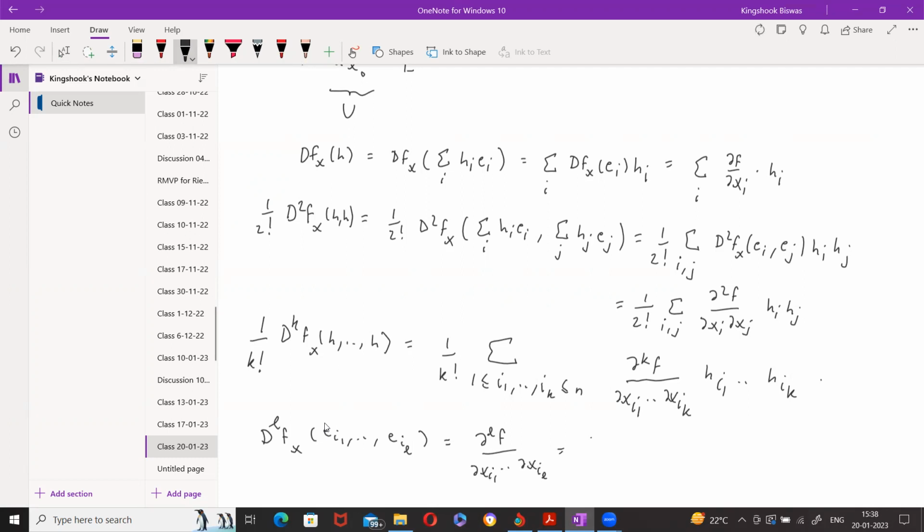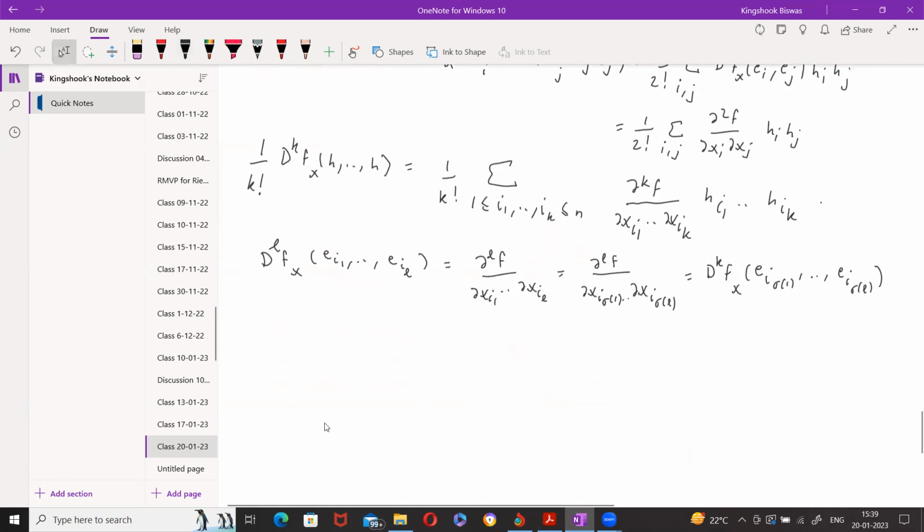This is equal to the permuted partial derivative ∂^L f / ∂x_{i_sigma(1)} ... ∂x_{i_sigma(L)}. This is equal to the Lth derivative applied to the permuted basis vectors e_{i_sigma(1)}, ..., e_{i_sigma(L)}, right? Is that clear?